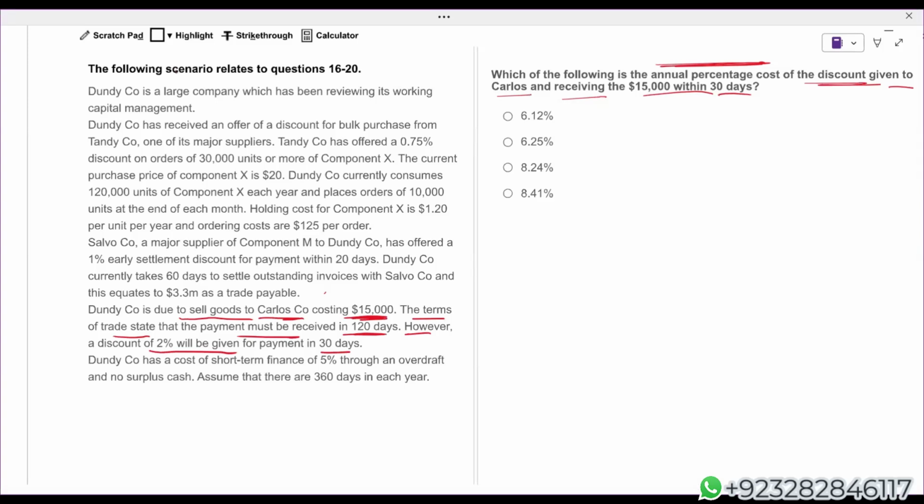Now, students, how much discount are we giving? 2%. Now, try to understand. Assuming my selling price is 100, I'm giving a discount of 2%. So after the discount, I'll be getting 98. I'm just assuming my selling price is 100.